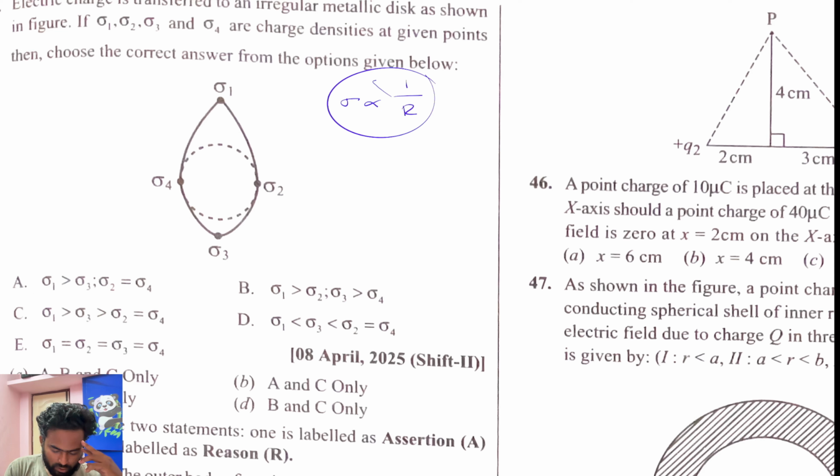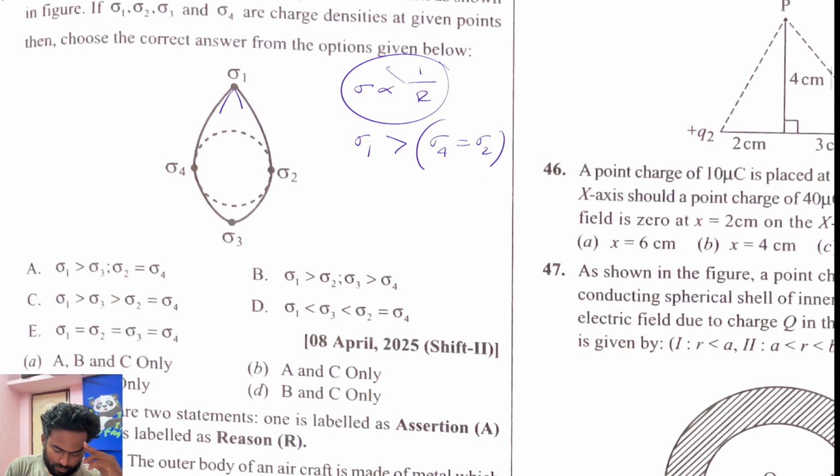Let's see the curvature first. The curvature at R1 is less. So sigma 1 is more than sigma 4, which equals sigma 2.